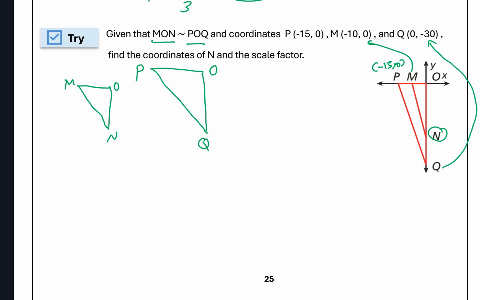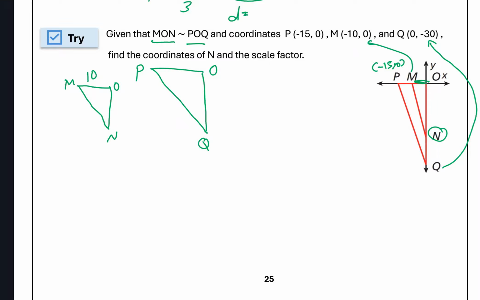Here from point O to M, how many units far is 10 units. We cannot write negative 10 for distance. That's why I'm okay to write 10. Or you can use the distance formula.